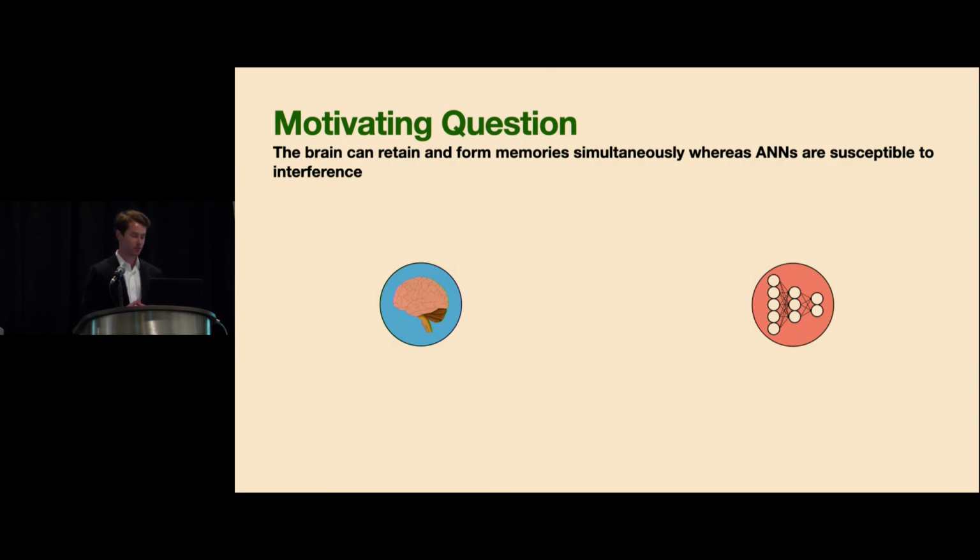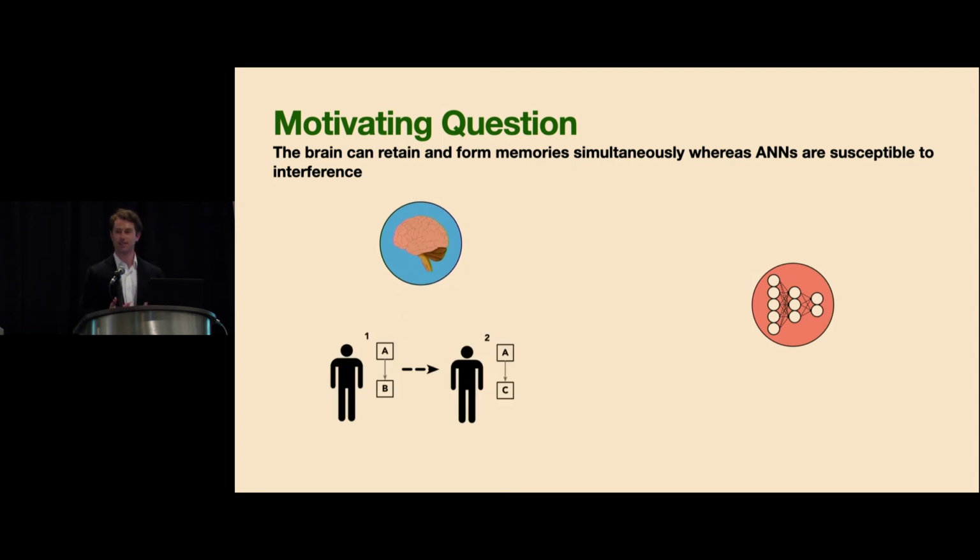In particular, the brain has a well-documented ability to simultaneously retain and form memories, with an example being the ABAC memory task. In this task, subjects are instructed to learn an association between items A and B, and then subsequently told to learn a new association between the same A and a new C. Despite the fact that these two memory traces are in competition with one another, subjects prove quite capable of remembering both when tested.